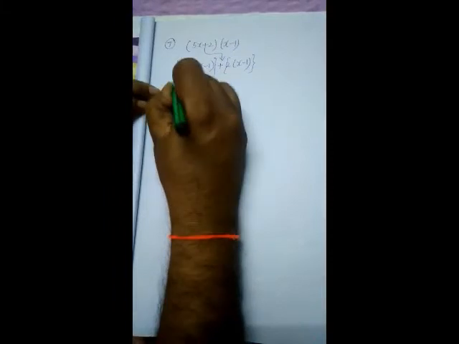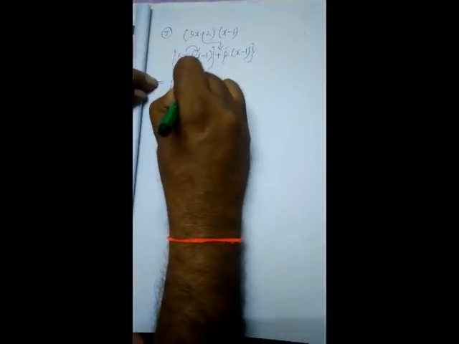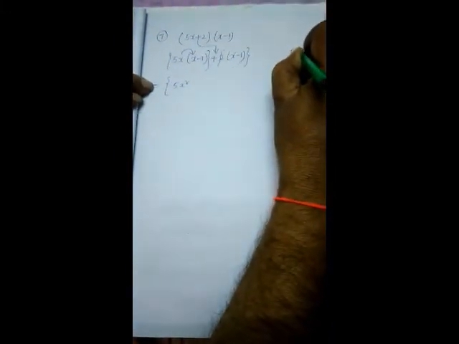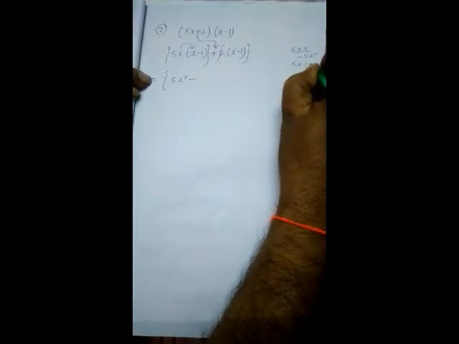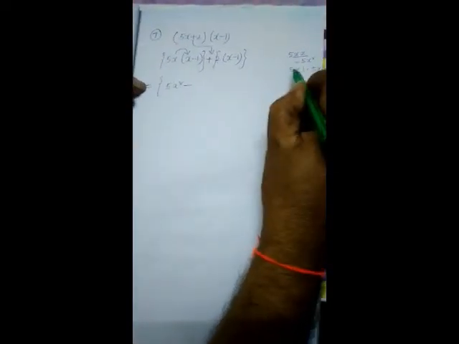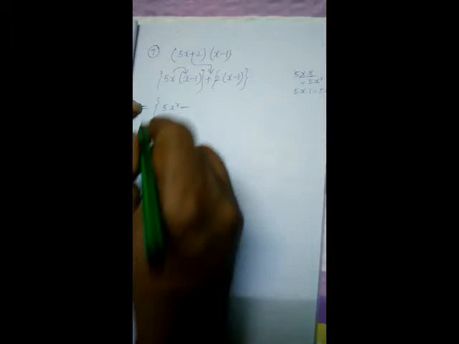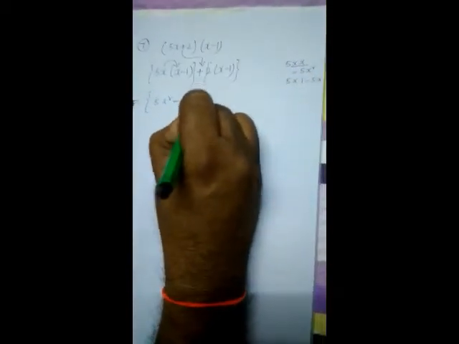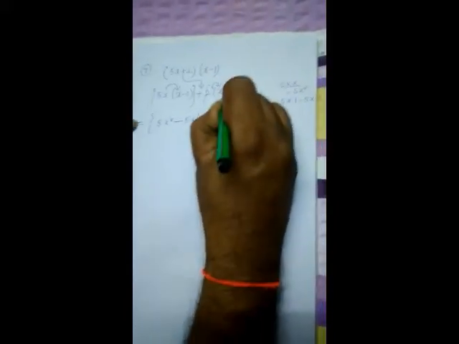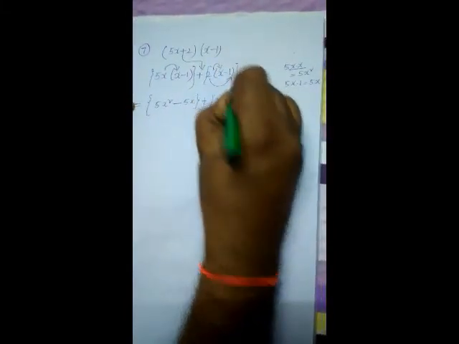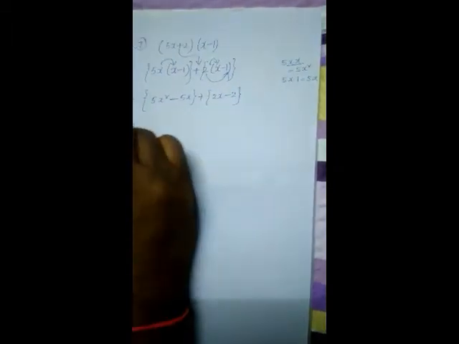This is equal to 5X into X, which is 5X square, minus 5X into 1, which is 5X, plus 2 into X, 2X, minus 2 into 1, 2.